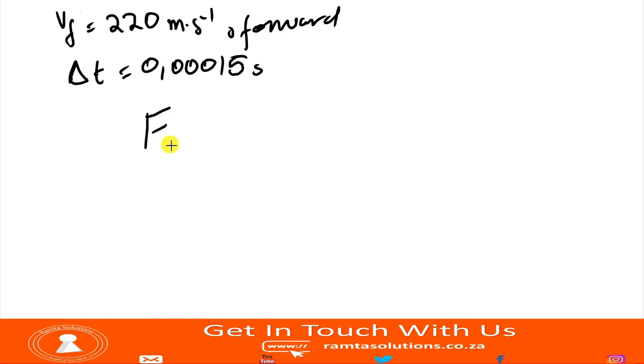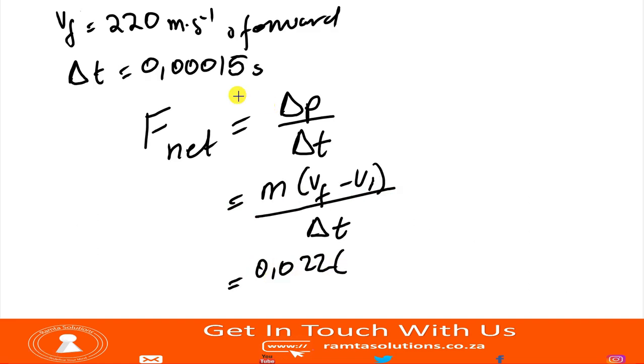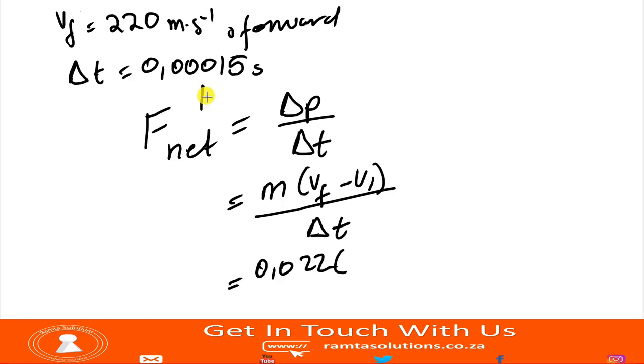It will be net force, because the formula says delta P over delta T. What is delta P? We have said it's M times V sub F minus V sub I, right? So what is the mass? It was 0.022. This is a vector calculation, so we should say forward direction is positive.